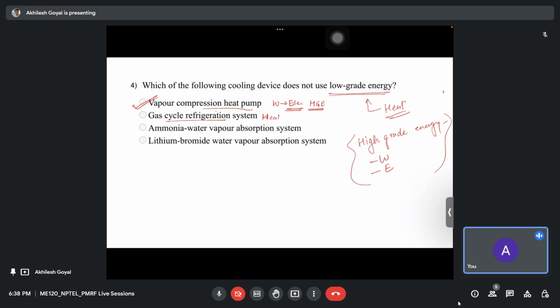Ammonia water vapor absorption system and lithium bromide water absorption system also use low grade energy. So what is the right option? The first one is the right option, where in the case of vapor compression heat pumps, the work is given in the form of electric energy, that is high grade energy. And the question asks which of the following cooling devices doesn't use low grade energy? So option A is the right option.